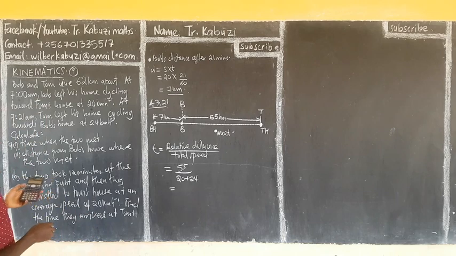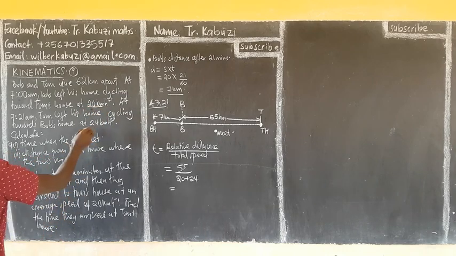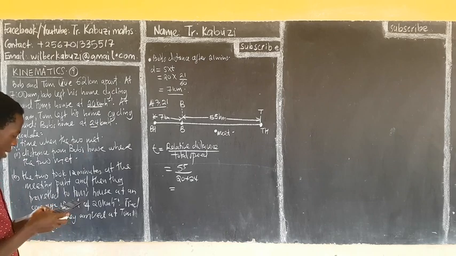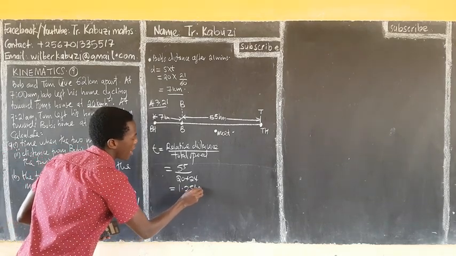So one is cycling at 20 kilometers per hour, the other at 24 kilometers per hour. Here I get 1.25 hours.